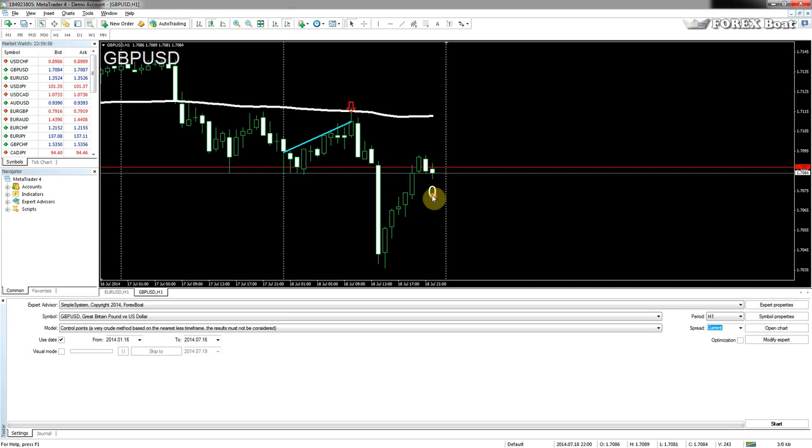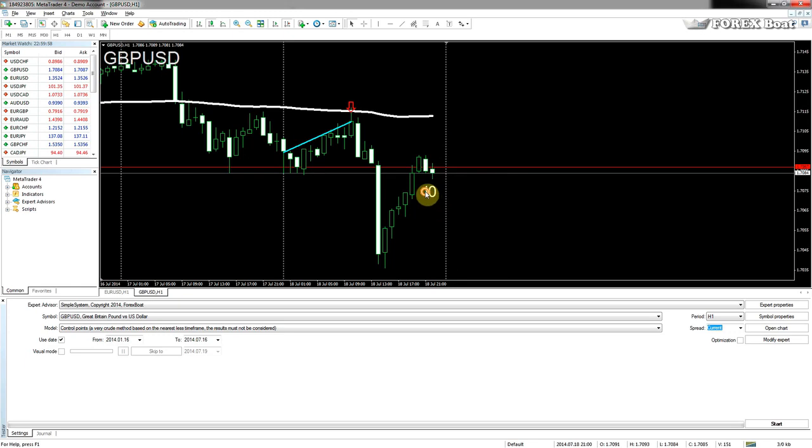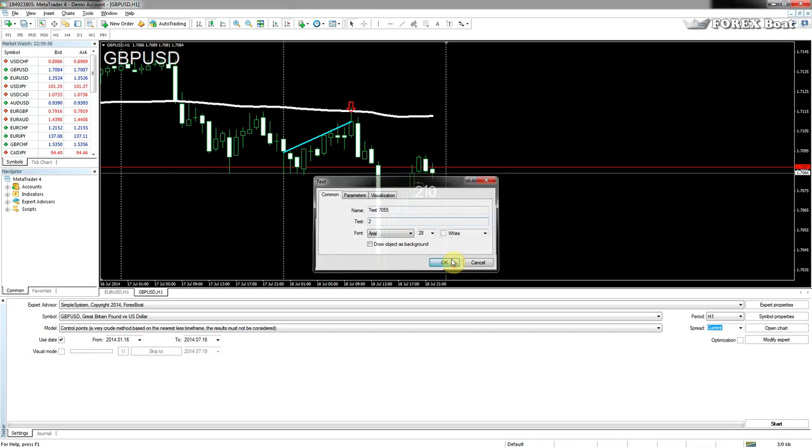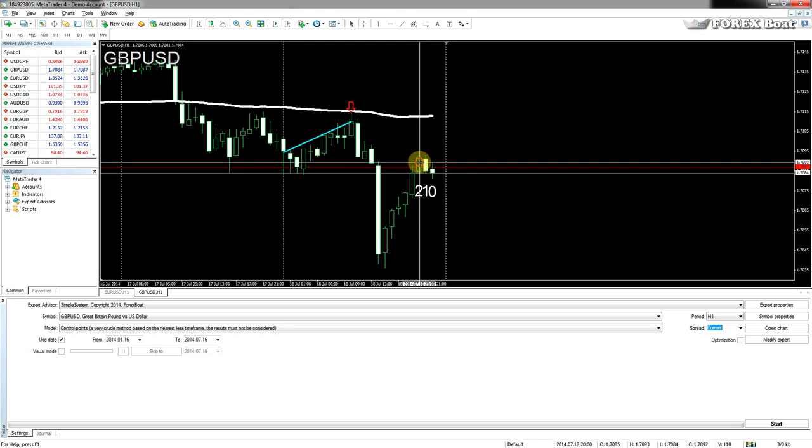Then the one next to it is candle number 1. And the one next to it is candle number 2. And so on. So basically the candles are numbered from right to left, and so the current candle is always candle number 0. Then the one next to it is number 1, next to it is number 2, and so on. So this one would be 3, 4, 5, 6, 7, 8.